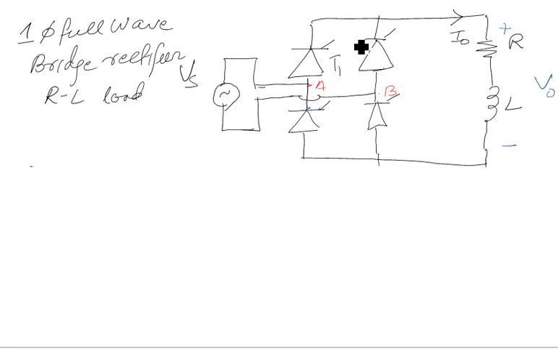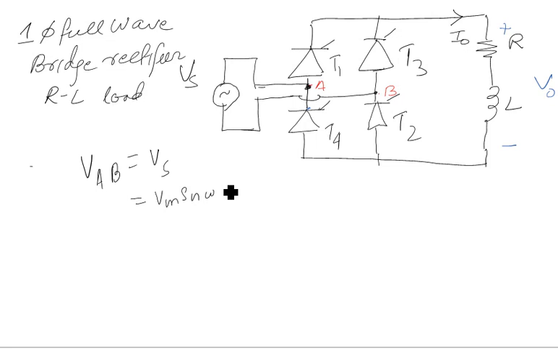Here the four SCRs are T1, T2, T3, and T4. This point has potential A, this point has potential B. Let us discuss when VAB is equal to Vs, that is Vm sin omega t. For the positive half cycle this will be positive and this will be negative.